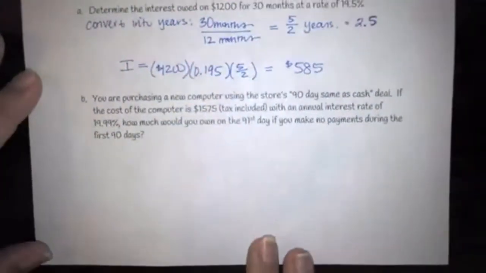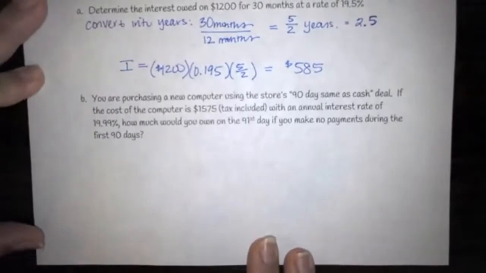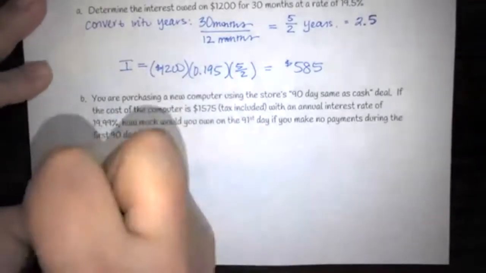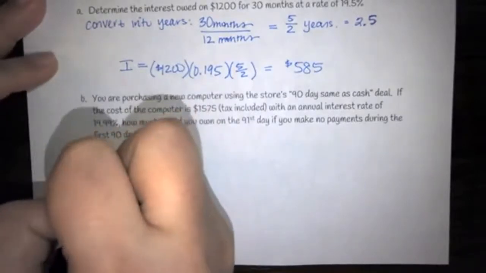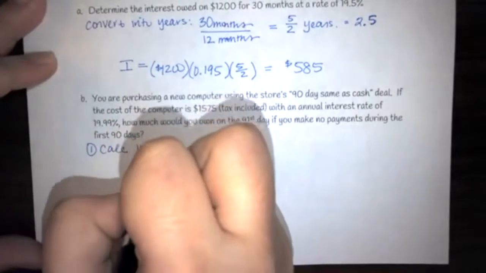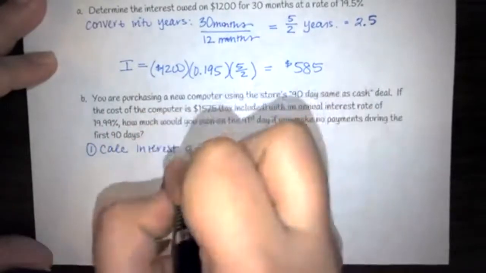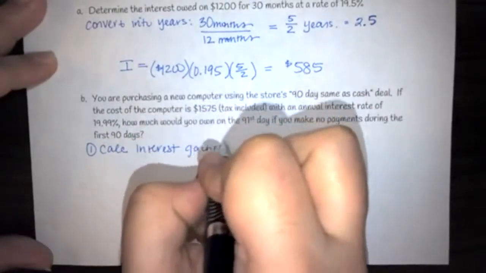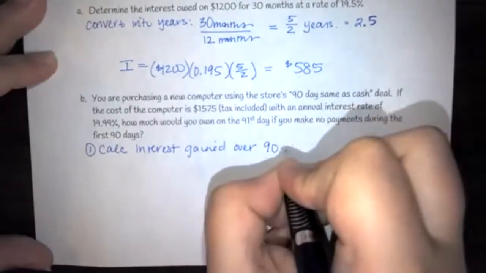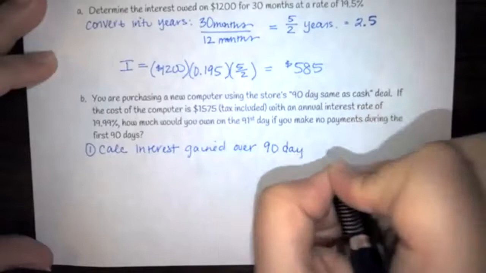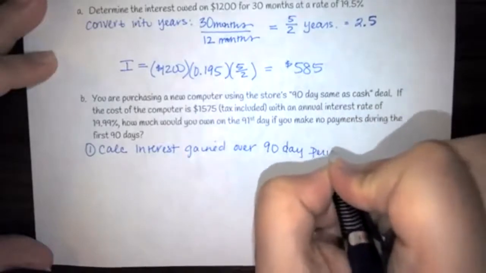Alright, so there's a few things that we have to do with this one. The first thing that we have to do is we have to calculate your interest gained over the 90-day period.